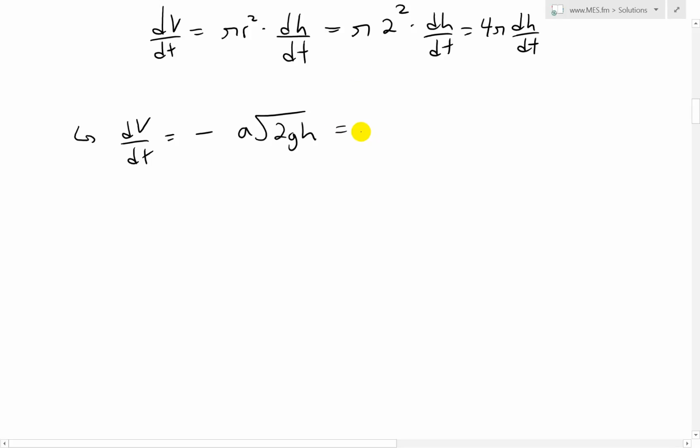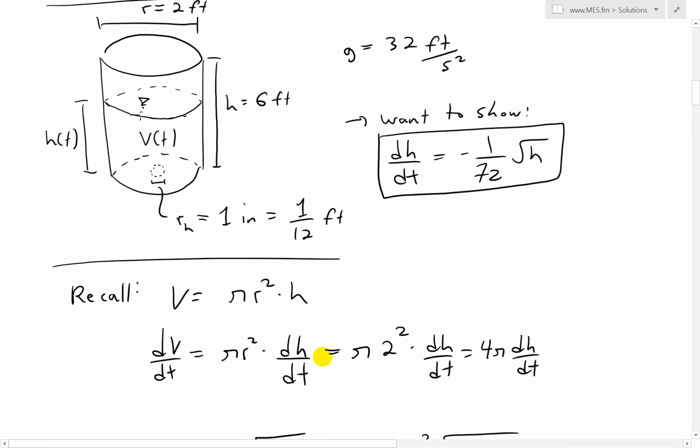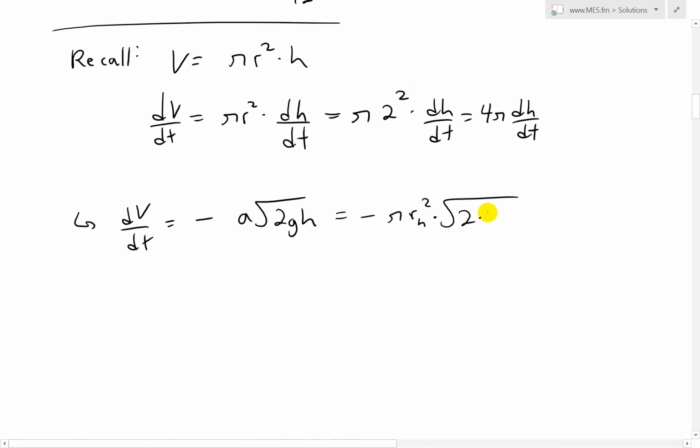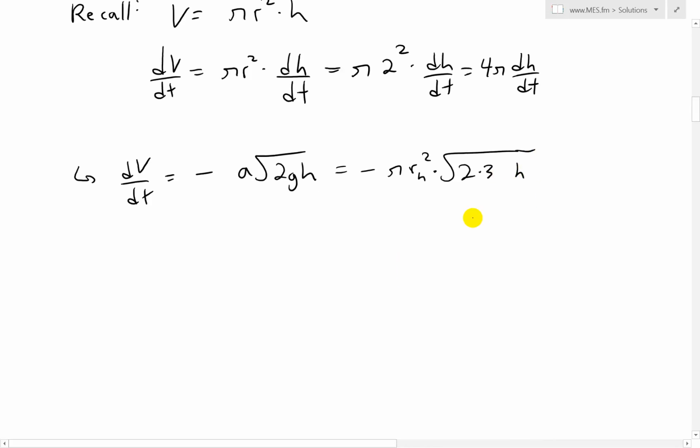So this equals -pi r_h squared times the square root of 2 times g, where g is 32 feet per second squared, and then times h. Again, h is just a function of t, so 32 times h of t. I'll just put h right here.